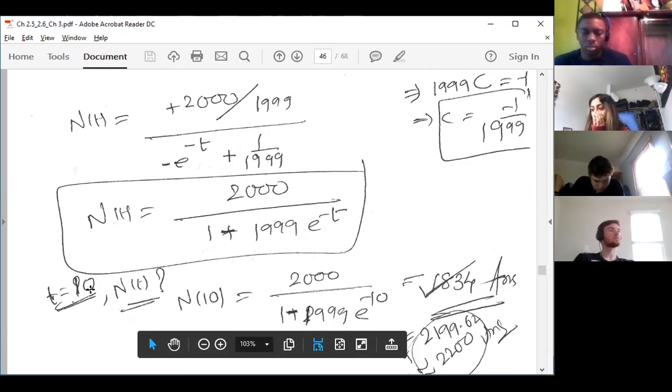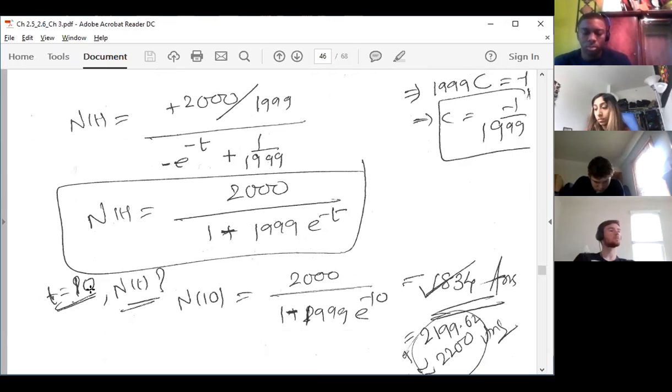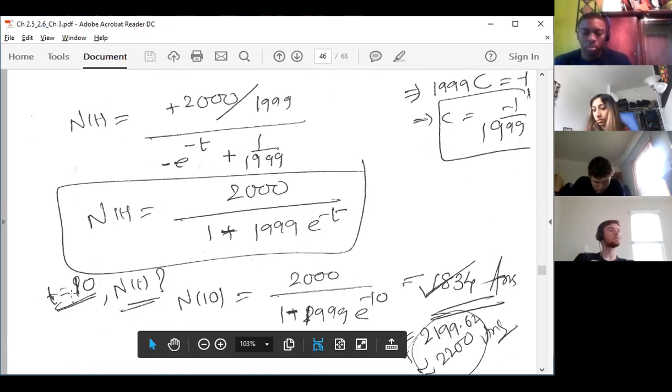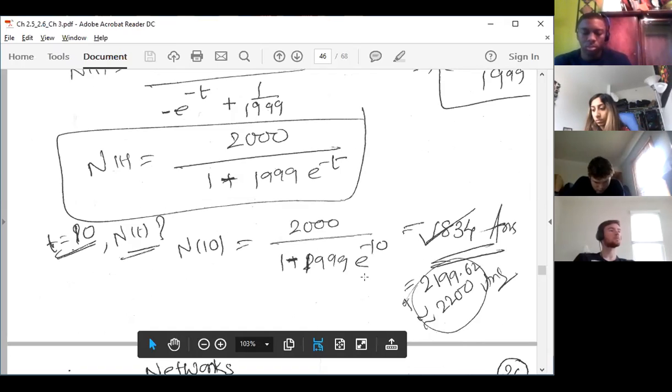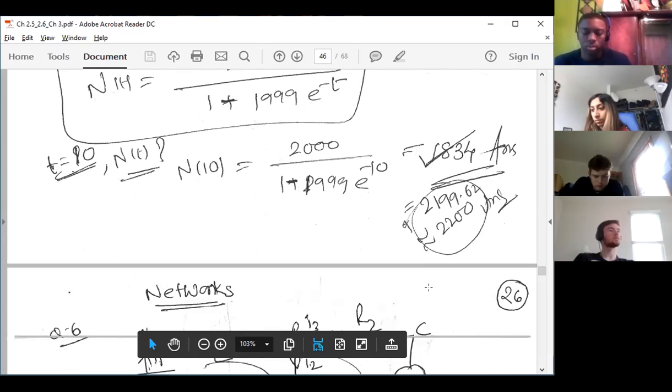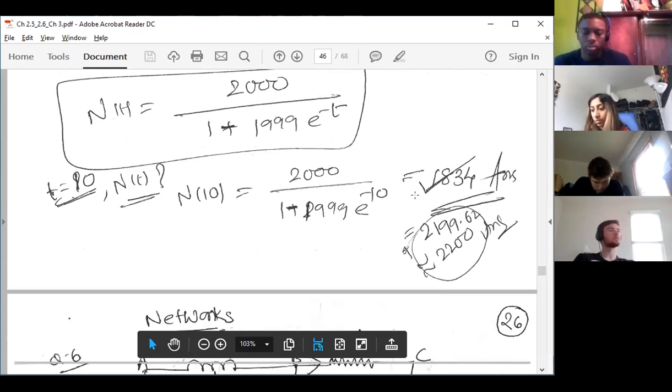So now it asks what will be the situation, how many people are expected to use the new technology after 10 days. After 10 days, when t equals 10, approximately 2000 sellers are expected to use the new technology. Look at here, guys.